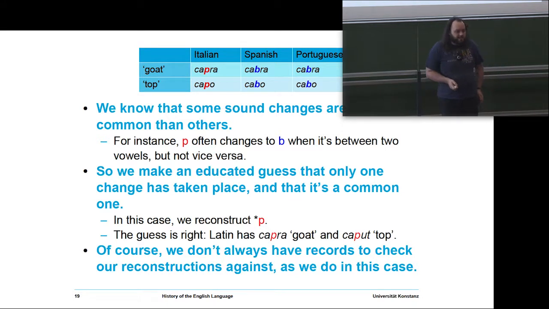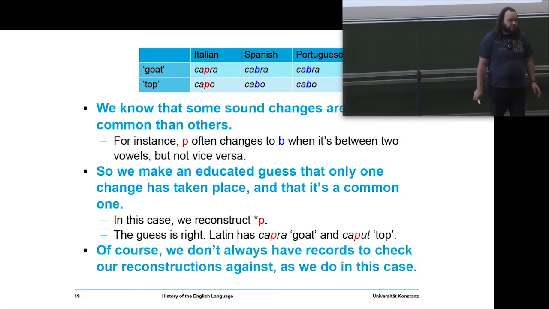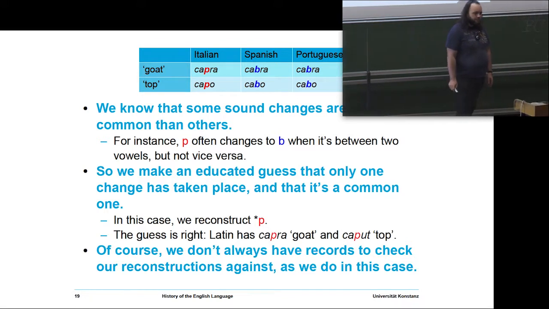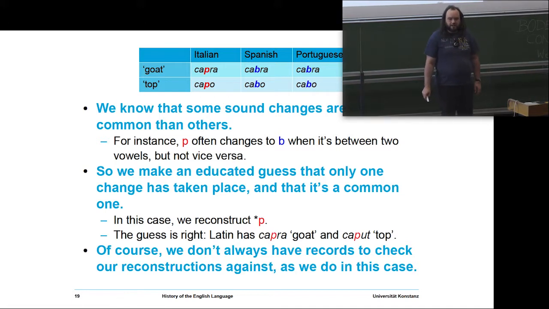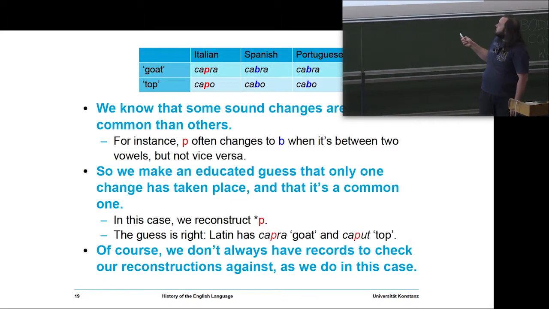And the way we can get a handle on this question is that we know that some sound changes are more common than others. Some kinds of change happen with greater frequency across the world's languages. Sound change is now well enough studied that we can make this kind of generalization very robustly. So we can see here, p often changes into b when it's between two vowels, but not vice versa. There are articulatory reasons for that.